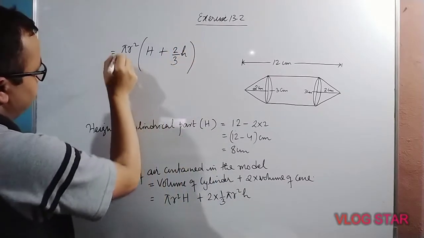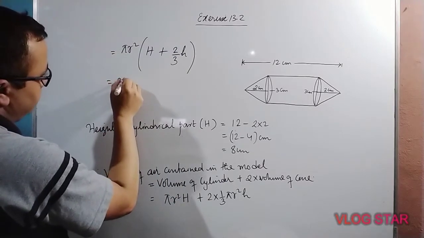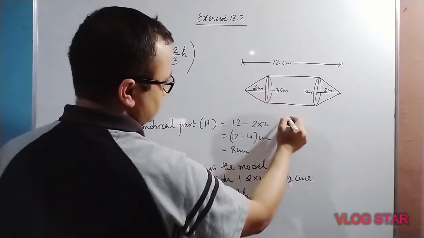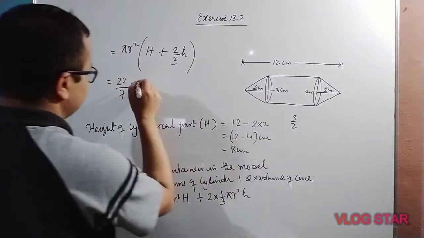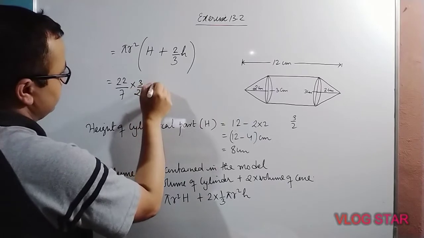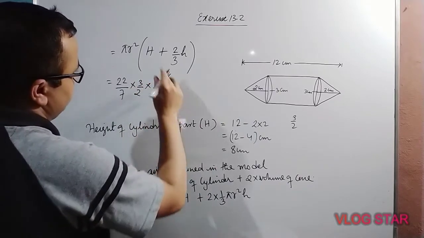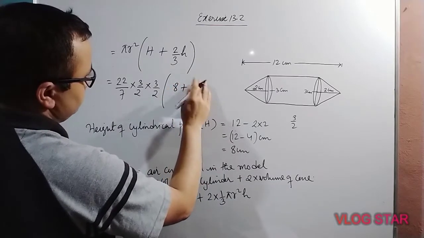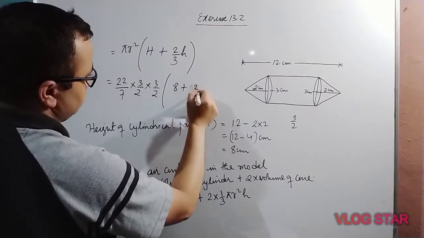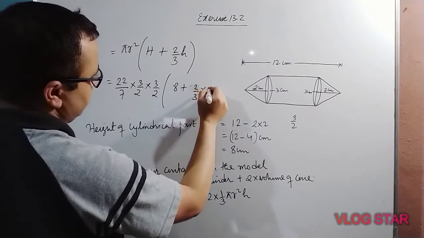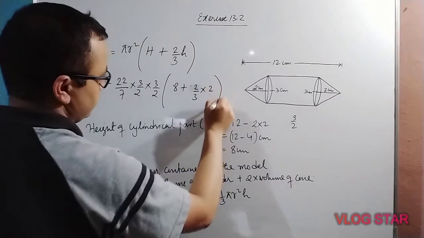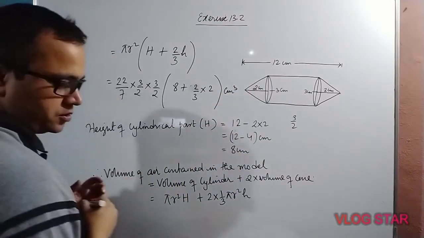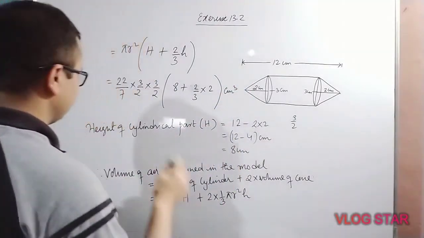Now we can put the value of pi as 22 upon 7. The diameter is 3, so the radius is 3 by 2, so it is 3 by 2 into 3 by 2. Inside the bracket H is 8 plus 2 by 3 into small h is 2, in centimeter cube because the volume is in cubic units.